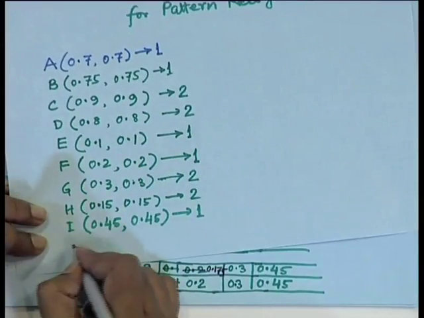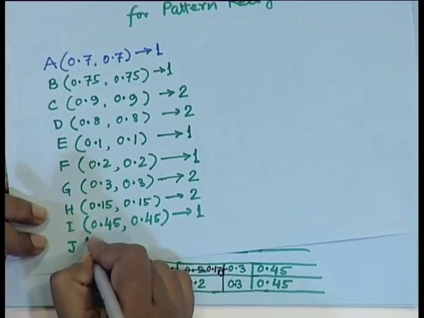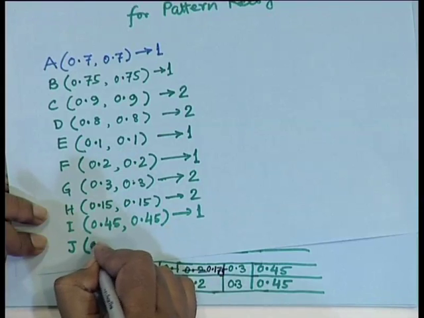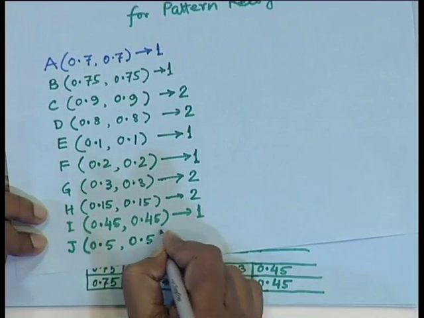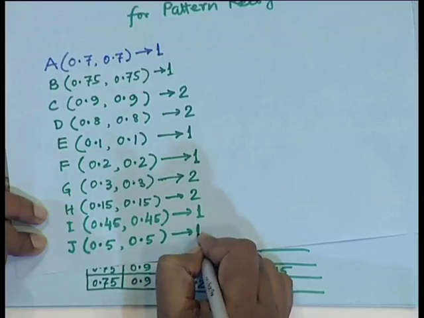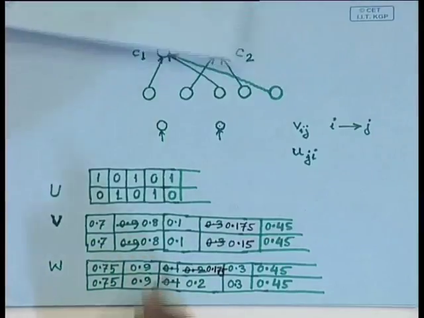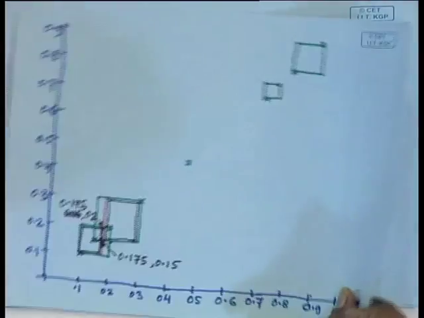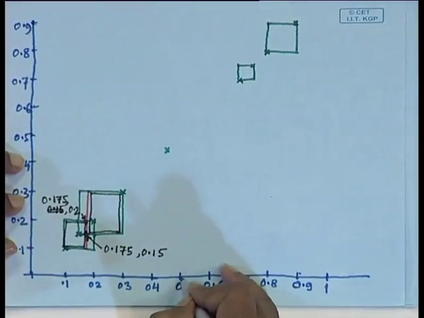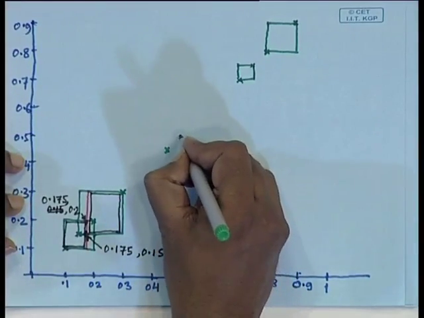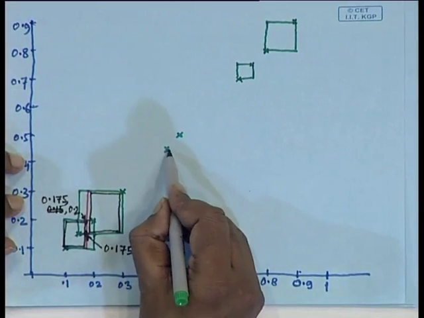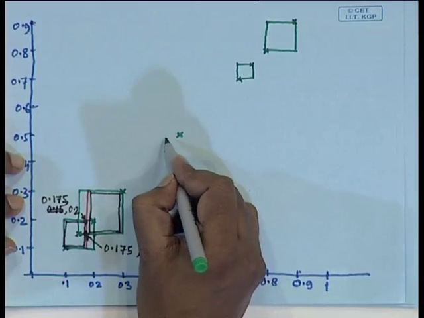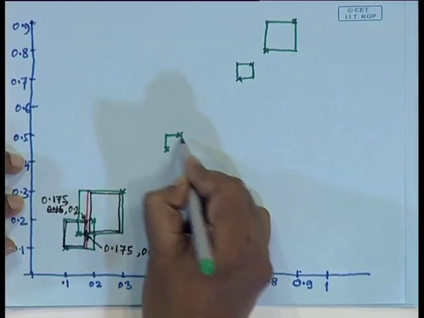So, when I consider the next point, that is point j, the feature vector is 0.5, 0.5, and this also belongs to class 1. I come over here, 0.5, 0.5, that is this, and assuming that this point hyperbox can be expanded to include this, I generate a new hyperbox.